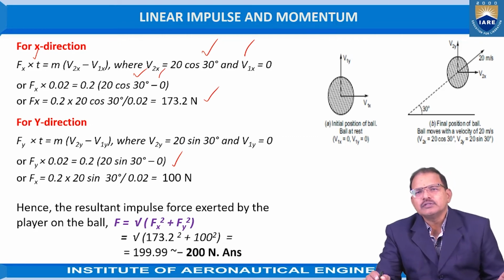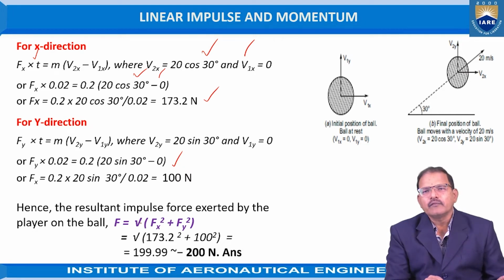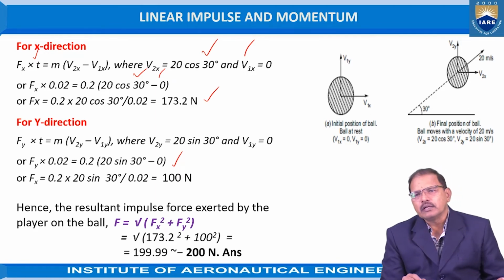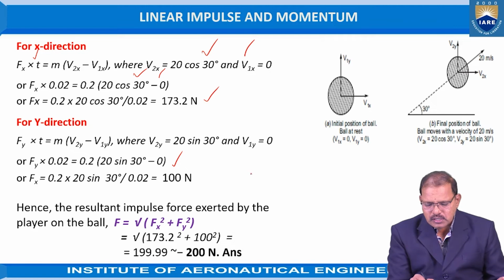So the resultant force is given by F is equal to the square root of Fx squared plus Fy squared. From this relationship, we get approximately 200 newtons. Since the force is a vector quantity, it should be represented in both magnitude and direction, so theta is equal to tan inverse of the sum of Fy divided by the sum of Fx, or Fy divided by Fx.